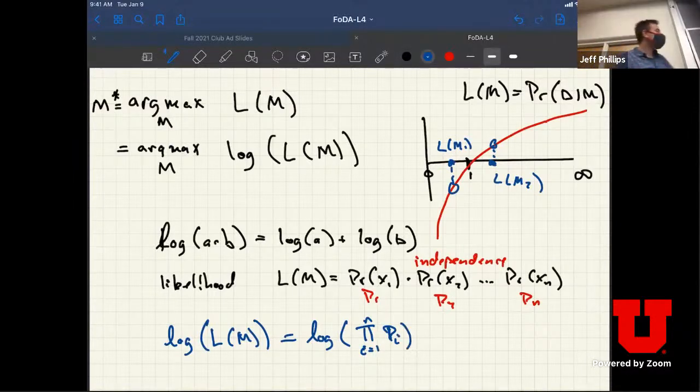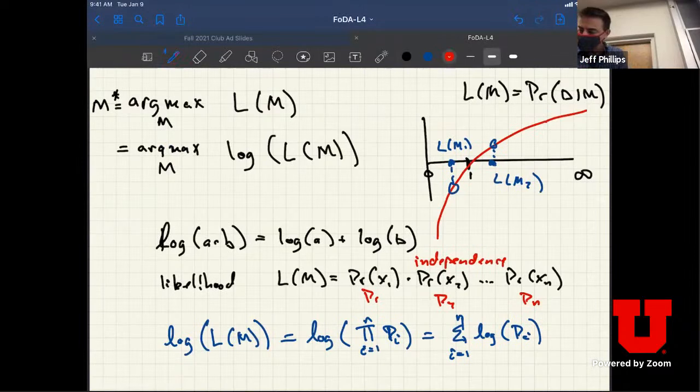So my log likelihood is going to look like this, but that means I can factor it out, and it's going to look like a sum of the log of each of these pi's.